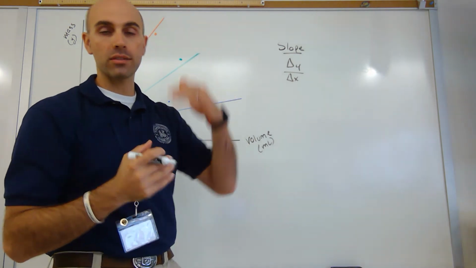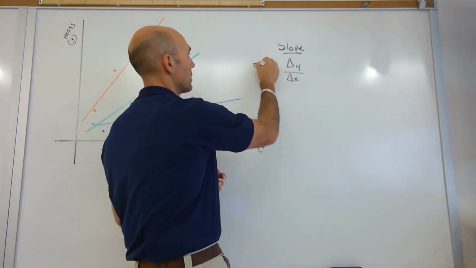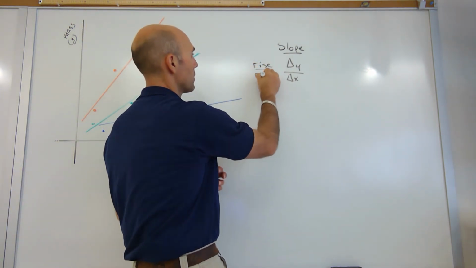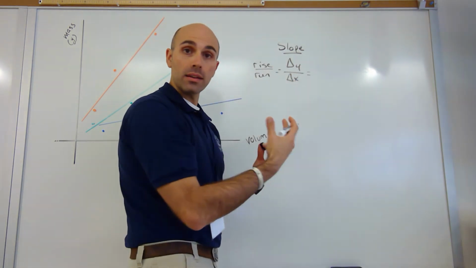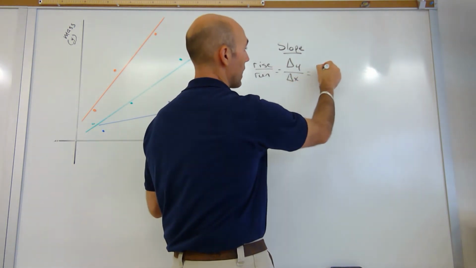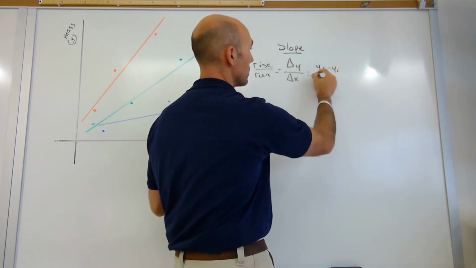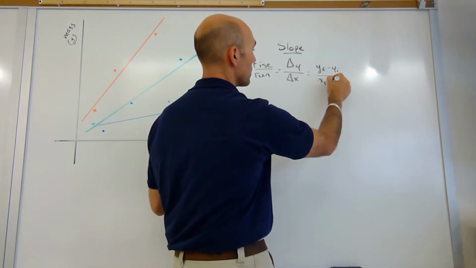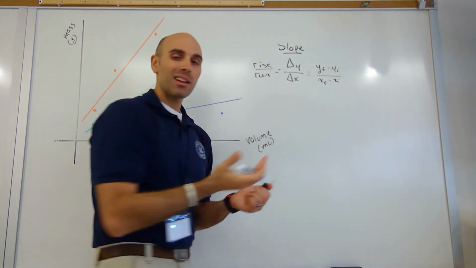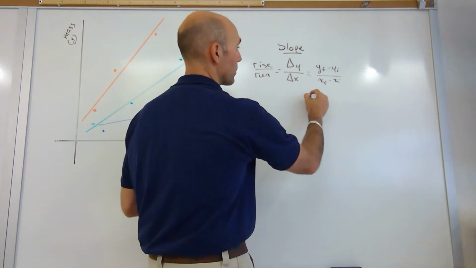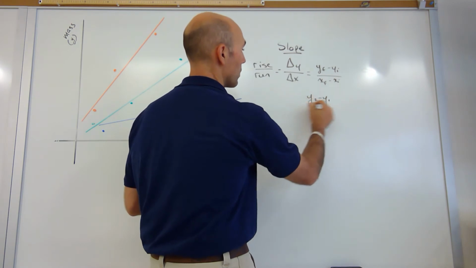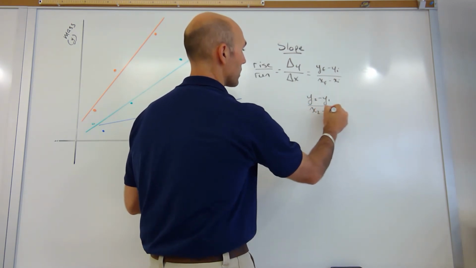It's your rise over your run. And anytime we have a delta, a change in, we're doing the final minus the initial. Instead of final and initial, we're just going to say point 1 and point 2. So this is going to be really y2 minus y1 over x2 minus x1.